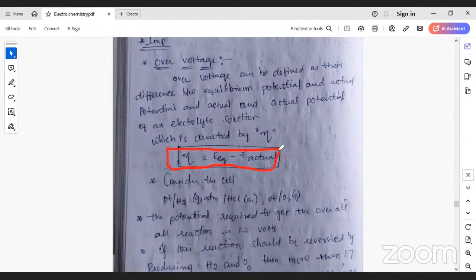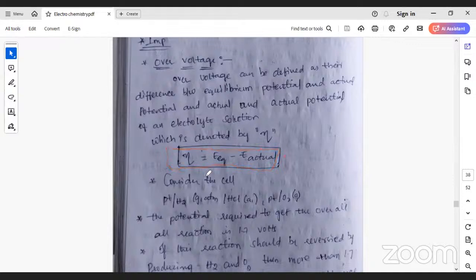This can be explained with one electrolyte solution, so that we may discuss polarization and concentration over potential later. When hydrogen is combined with platinum, that gives the actual potential. When hydrogen is combined with something other than platinum, that gives the equilibrium potential.